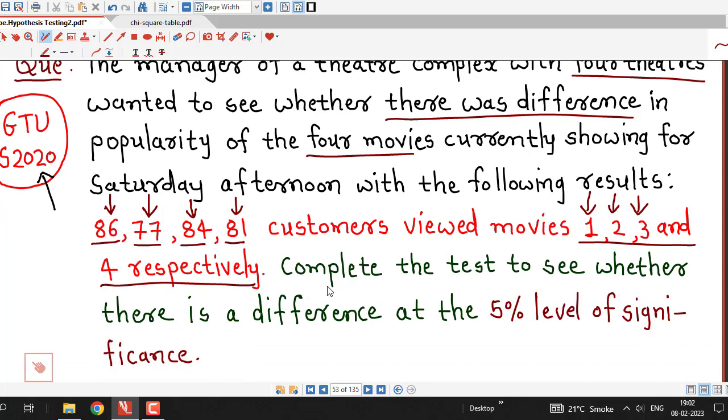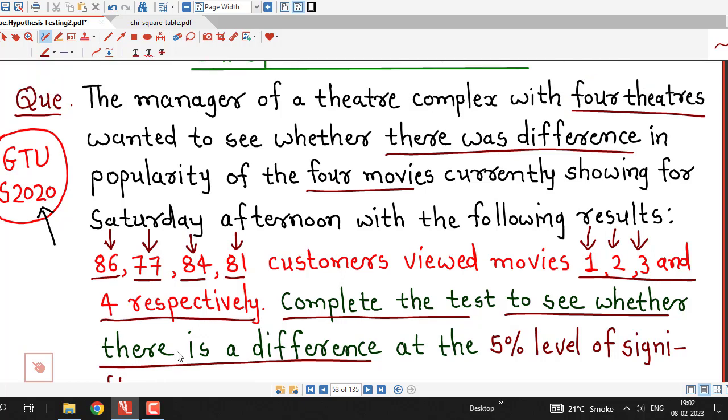The question is: complete the test to see whether there is a difference at the 5% level of significance in the popularity of these 4 movies.